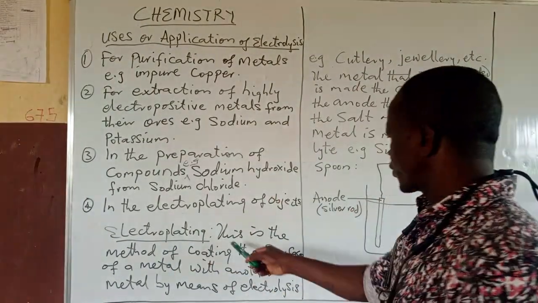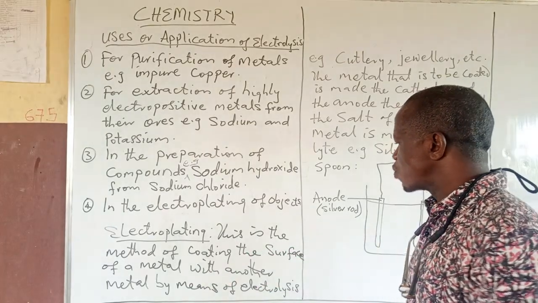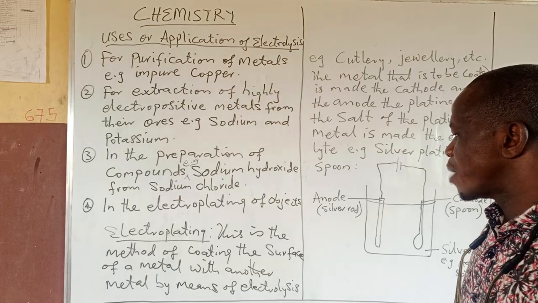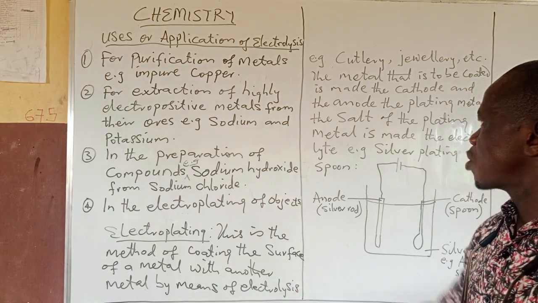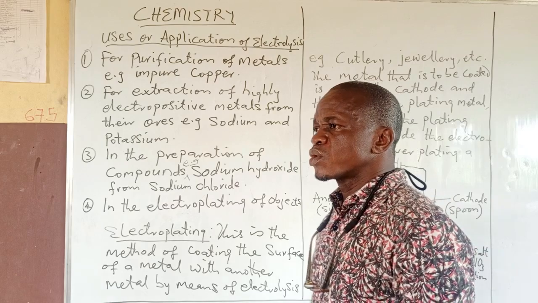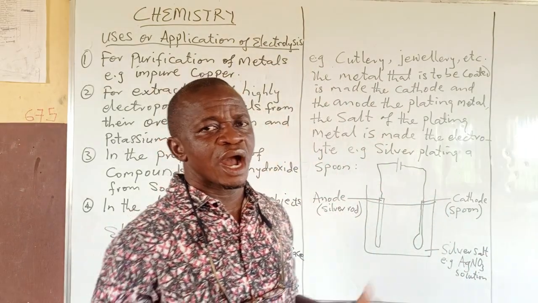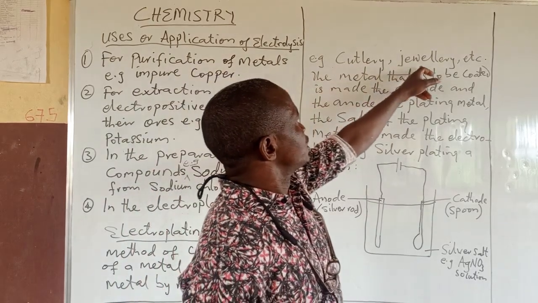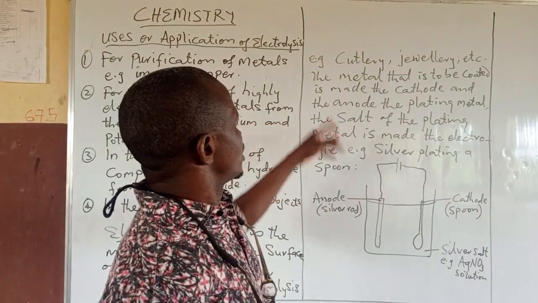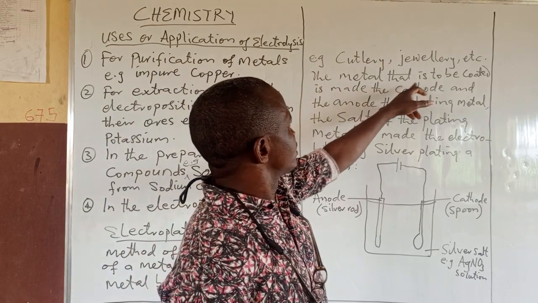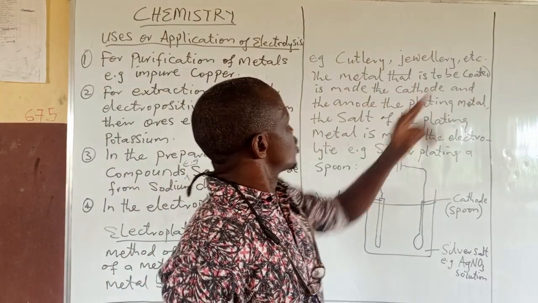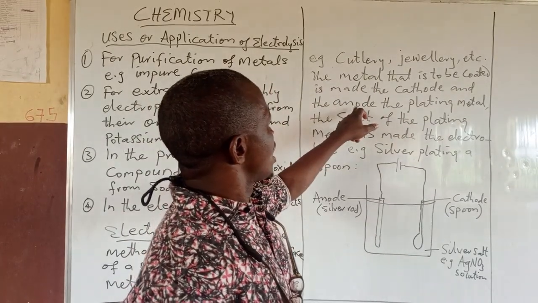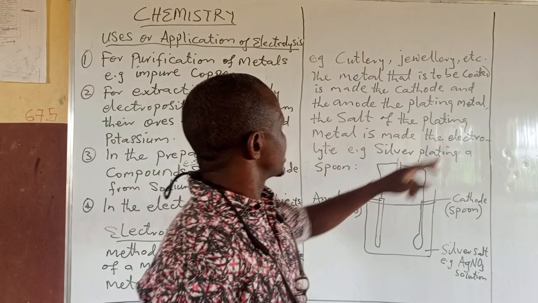Now, electroplating. This is the method of coating the surface of a metal with another metal by means of electrolysis. You use electrolysis to carry out this experiment. How? Example of such: cutlery, jewelry, etc. The metal that is to be coated is made the cathode, and the anode is the plating metal.